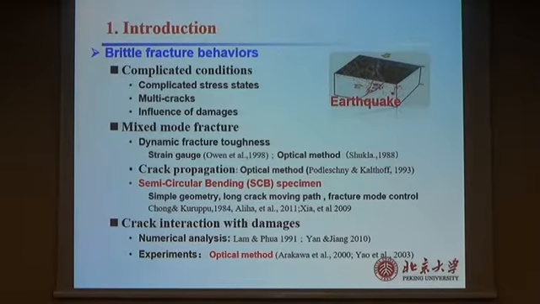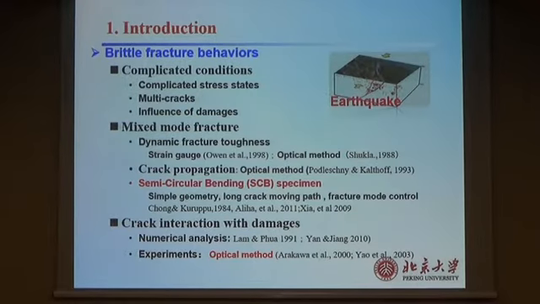The brittle fracture behavior of material is very complicated, especially under complicated conditions. For example, with complicated stress states, normally the crack will be a mixed mode crack, not the pure mode 1 fracture. Especially under dynamic loading, the process is very complicated.